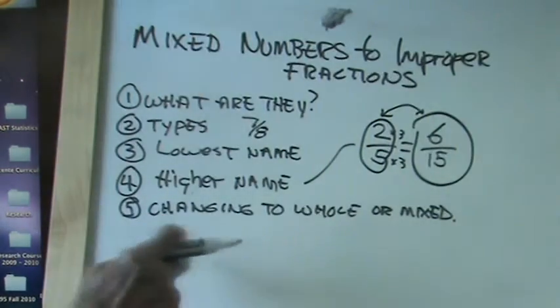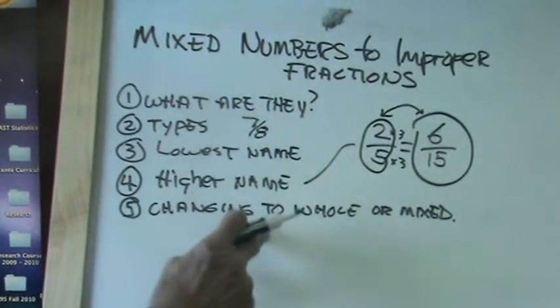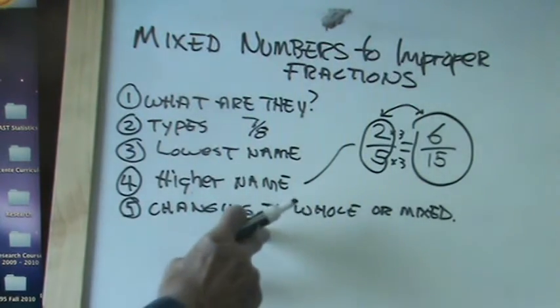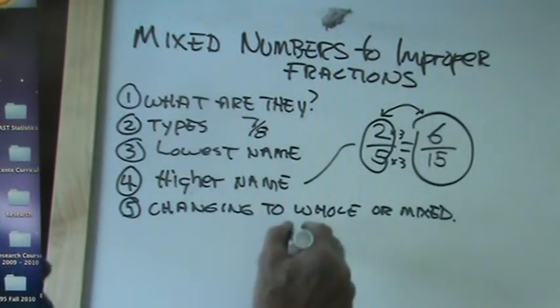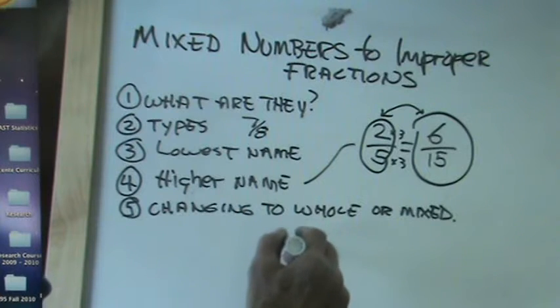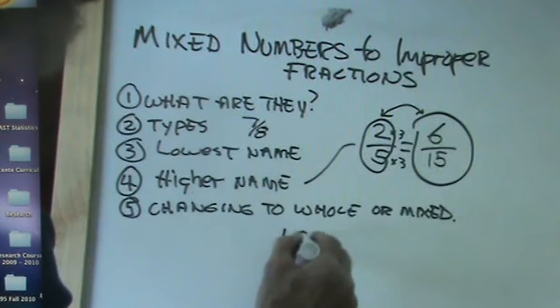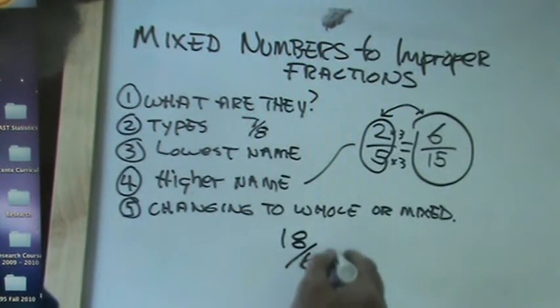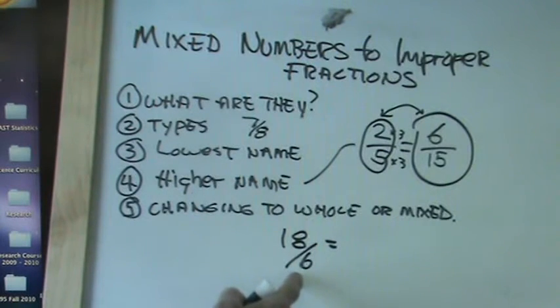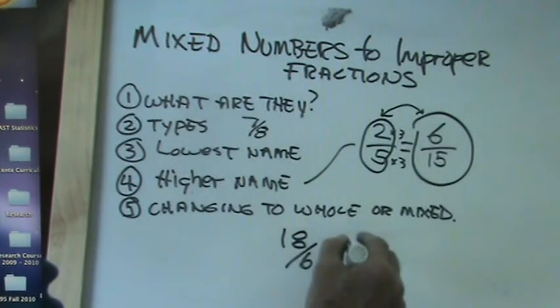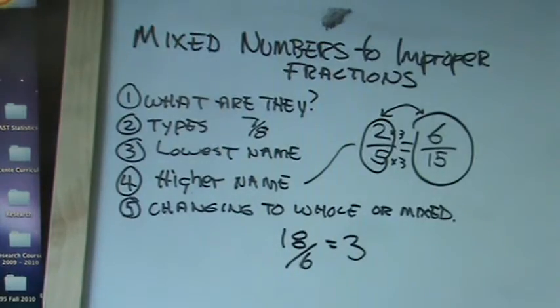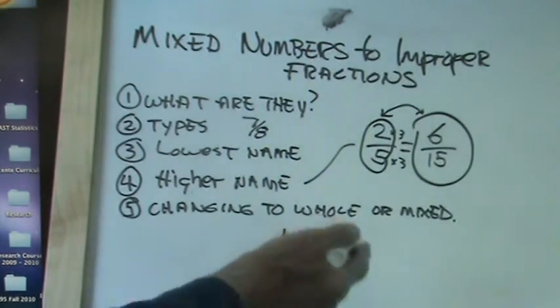And then in the last lesson we were changing improper fractions to whole numbers or mixed numbers. So if we had a fraction like 18/6, we divide the denominator into the numerator. It goes 3 times. Nothing is left over, so that's the whole number 3.